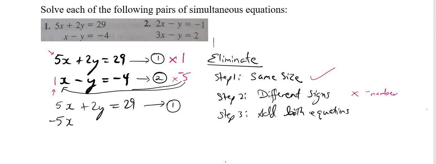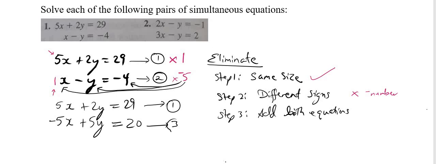Negative 5 times negative y: 5 times y is 5y, but negative times negative gives us positive, so that will be positive 5y. Next, we multiply negative 5 by negative 4. 5 times 4 is 20, and the negatives turn to positive, so negative 5 times negative 4 is positive 20.